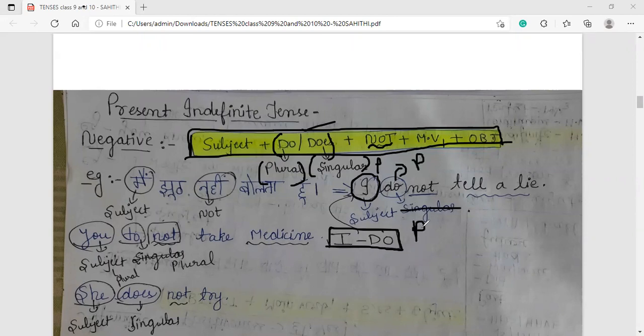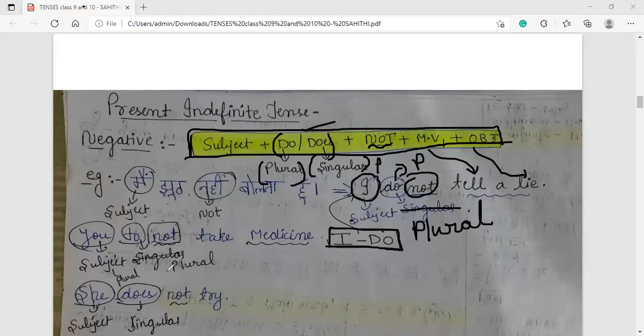It's not singular, but it is plural. I भी plural ही है. Okay, इधर subject है तो I, but do is plural. Okay, don't get confused. I do not tell a lie. So subject is I. Do or does is being added. Not is the negativity. Tell is the first form of the main form of verb, object lie.